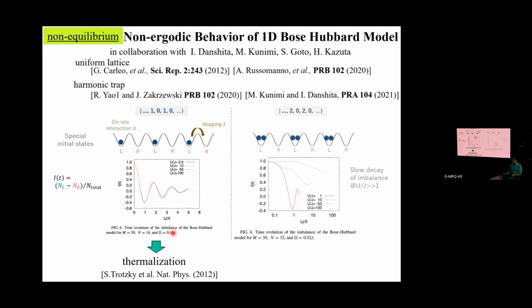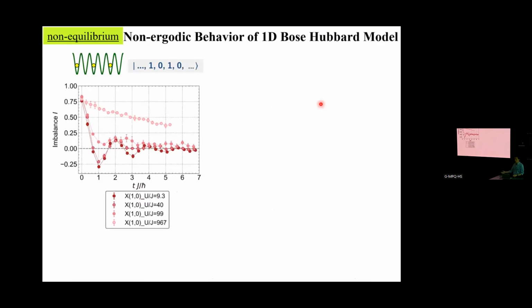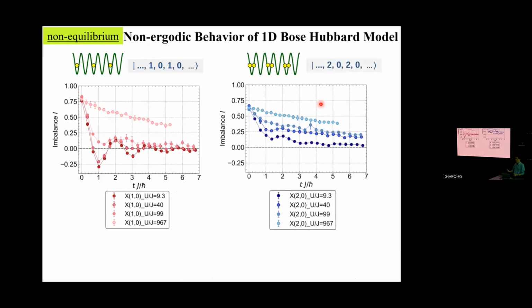On the other hand, in the special state of the 2020 state like this, the imbalance between left and right is frozen for strong interaction, indicating the disorder-free localization induced by interaction. This is a theory prediction by the Danshita group paper, and these behaviors are actually confirmed by our experiment.